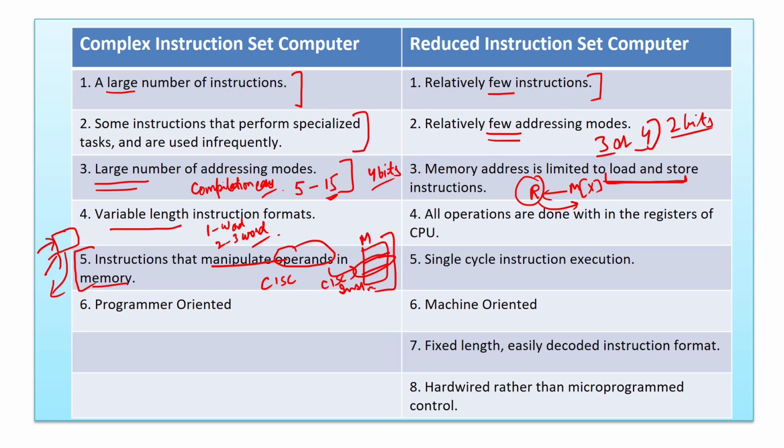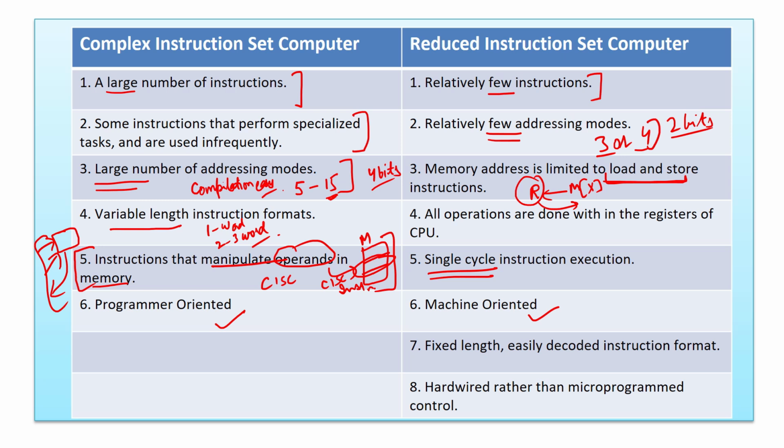After updating I have to come back to the original program. So there will be multiple clock cycles to handle one instruction of a CISC computer, but in a RISC system only a single cycle instruction is possible. CISC is programmer oriented and reduced instruction set computer is machine oriented.